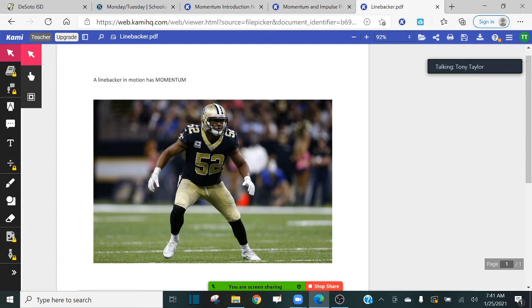And guys, by the time we're done with this Zoom call, I want to explain why it is that physicists assign a numerical value to motion. Because as it turns out, this way of thinking about momentum is very useful when it comes to analyzing collisions. So this is why it's important that we assign a numerical value to motion, and we call that momentum, which is the product of mass and velocity.